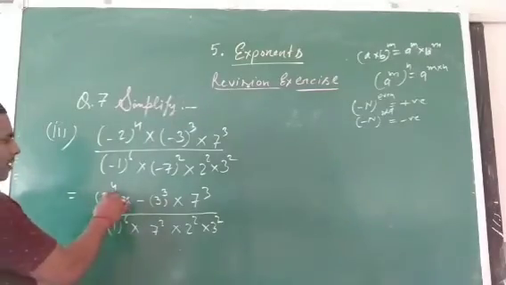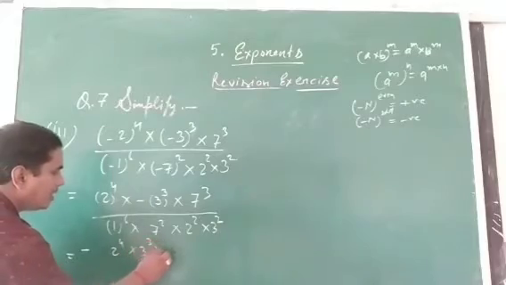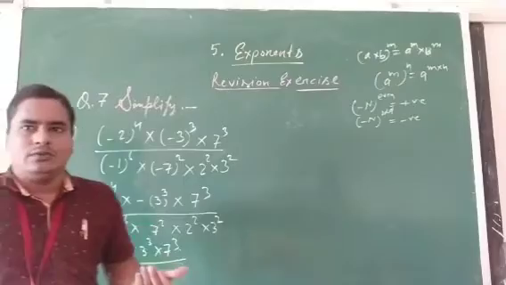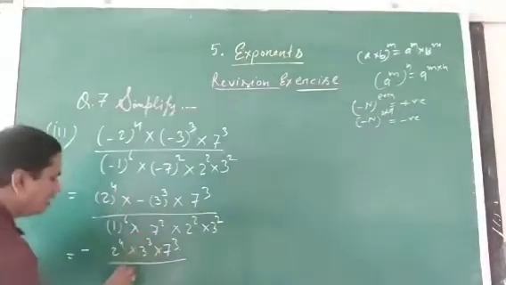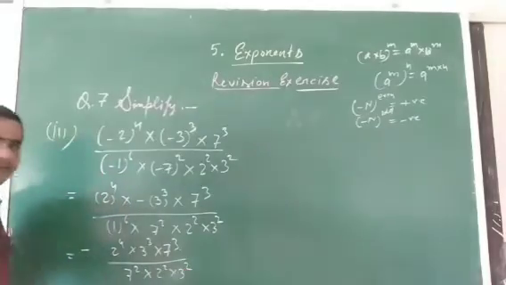Now here we can solve: minus 2 to the power 4, 3 to the power 3, 7 to the power 3 upon 1 to the power 6, 1, 7 to the power 2, 2 to the power 2, 3 to the power 2.